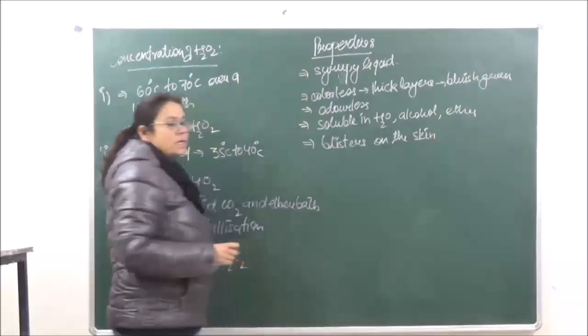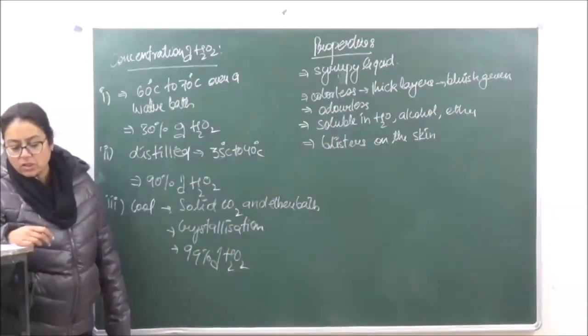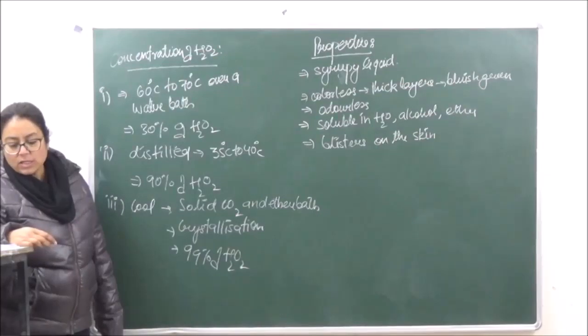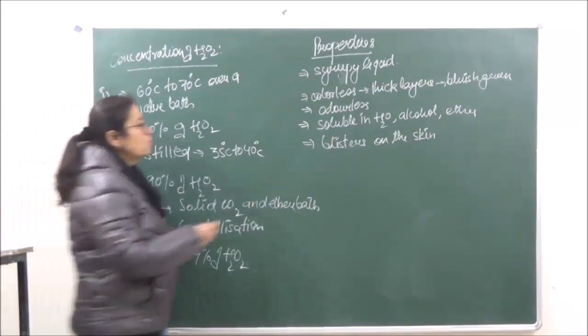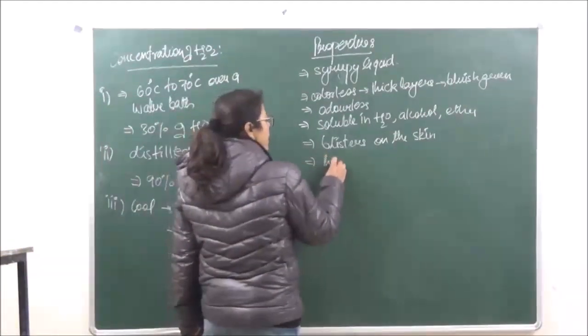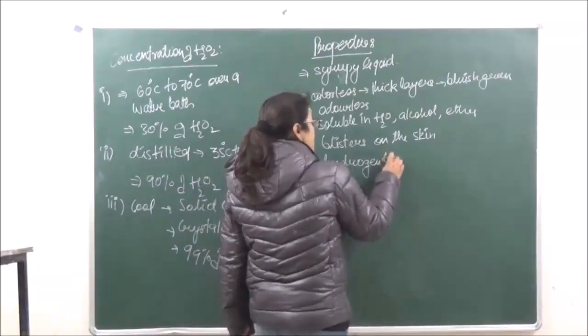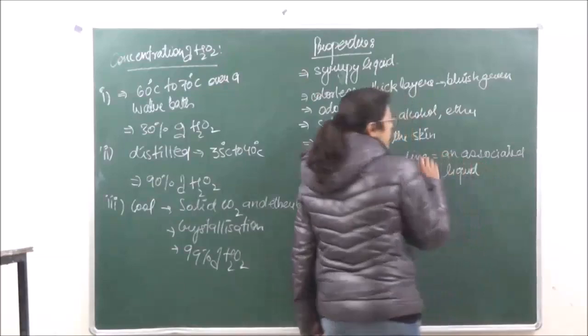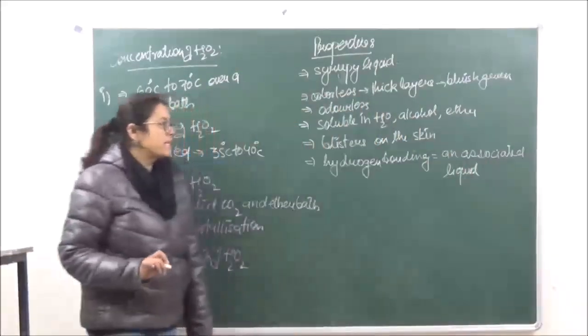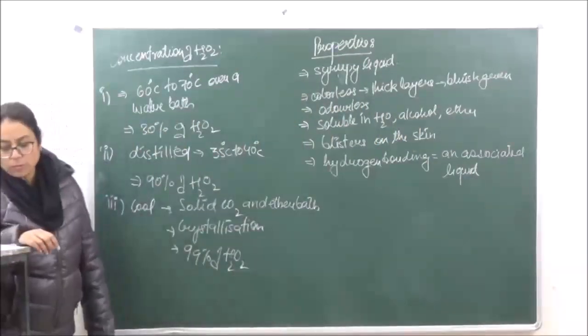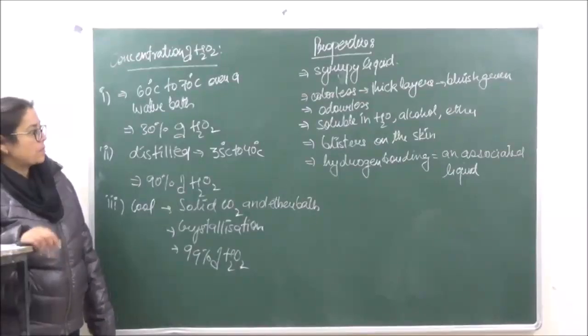Okay? It is going to form blisters on the skin, and it exists as an associated liquid due to the hydrogen bonding which is present. So these are some of the physical properties.